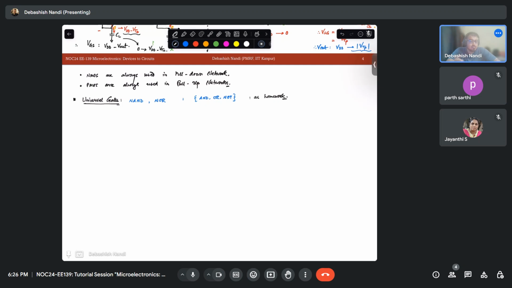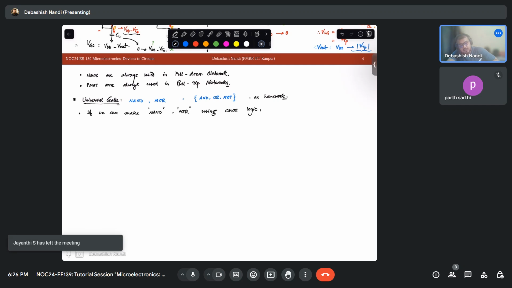So moral of the story is, if we can make NAND and NOR using CMOS logic, we can get any higher order logics. Okay. So our target is to make NAND and NOR using CMOS logic.